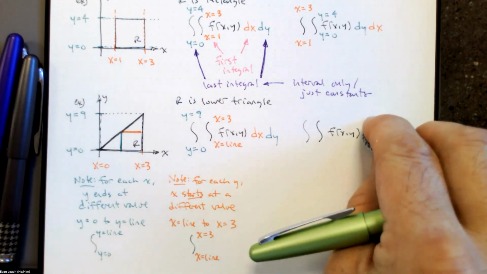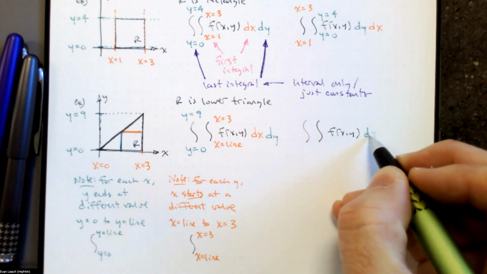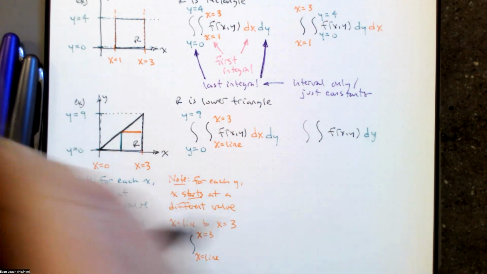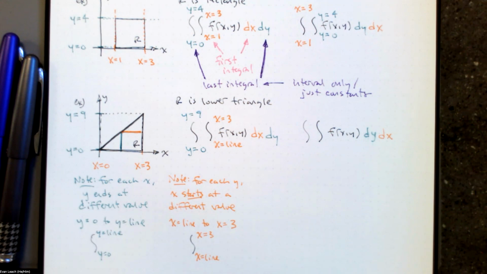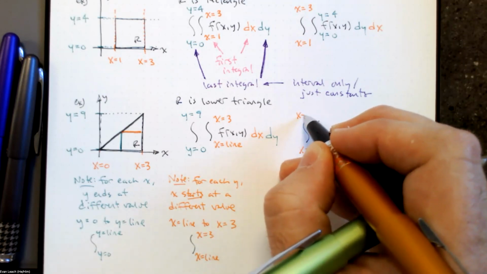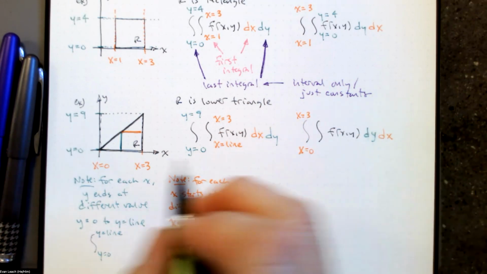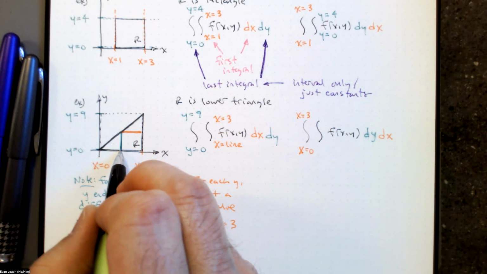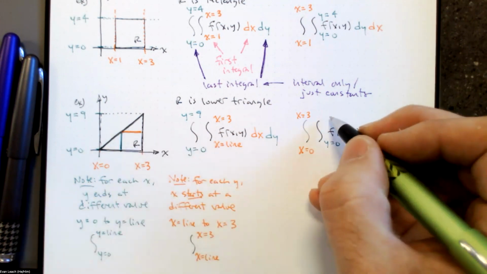Oh, now the colors are confusing me. If my last integral is the dx integral, then I have to use constants for this last integral. So I can only say x goes from 0 to 3. Then for each x, I look at what y is between. Y starts off at 0 and ends at the line.